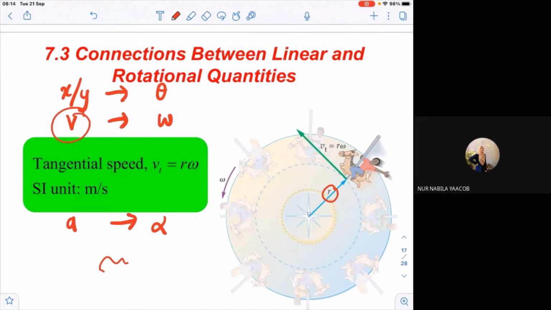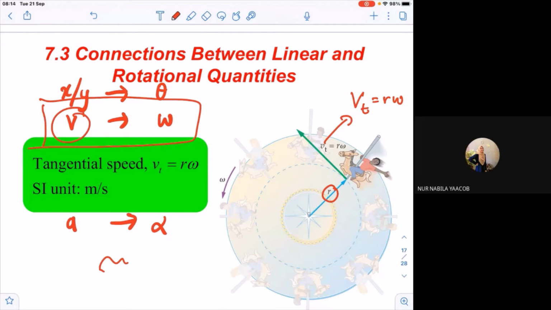This is what we call tangential speed, vt, which is equivalent to r omega. If you want to see some connection between linear and rotational, we take v and omega first. If you want to relate a linear equation, which is v, speed, and omega, the angular speed, we just put r in front of the omega.